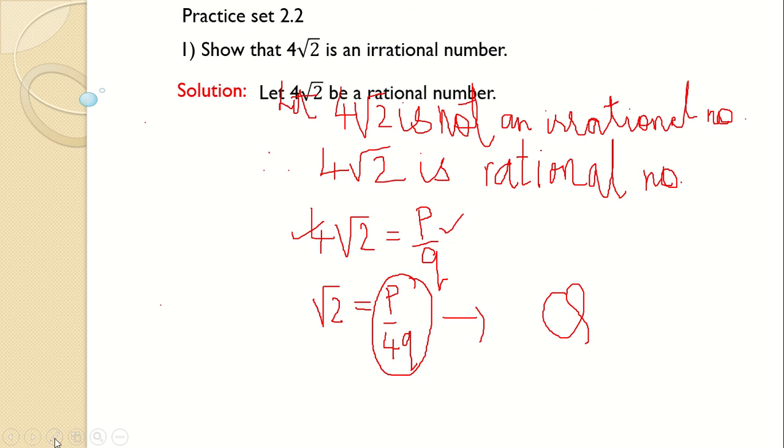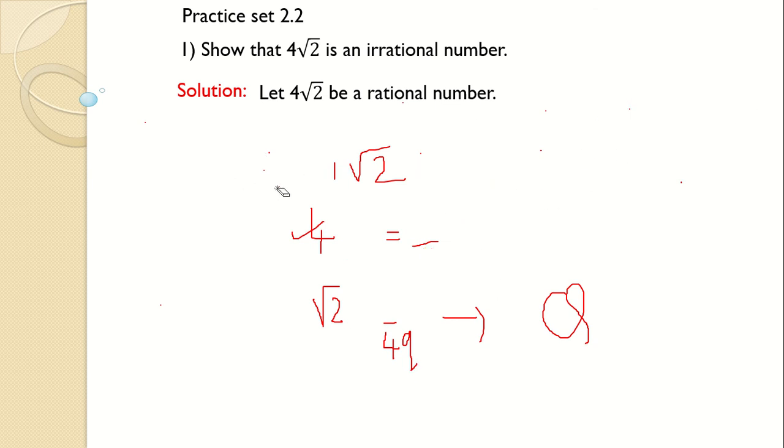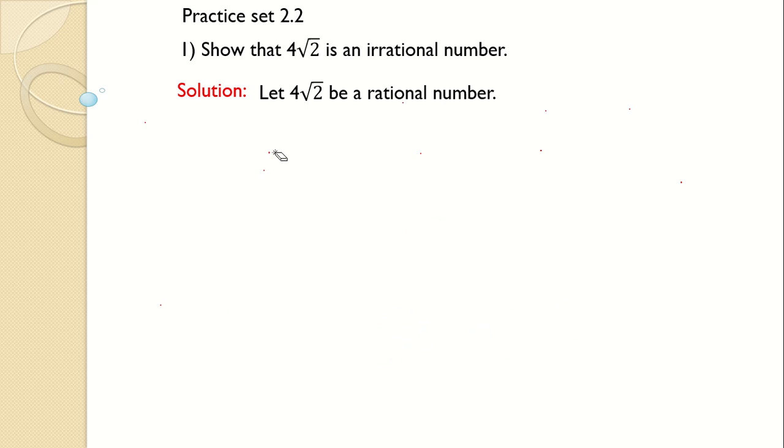I hope you have understood it, and if you have not understood what I explained just now, one more time I'm just going to revise it. See if you follow, otherwise you can go back and see it as many times as you want. Let 4 root 2 be a rational number. Therefore we assume it to be equal to some p by q.